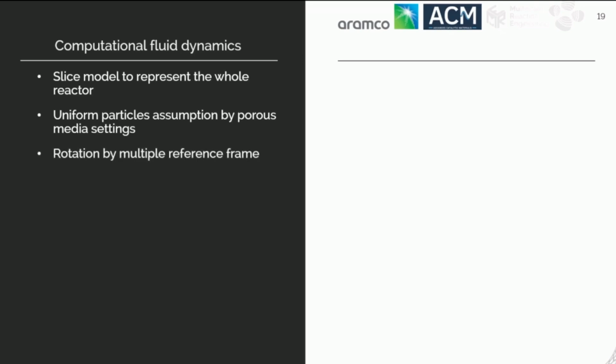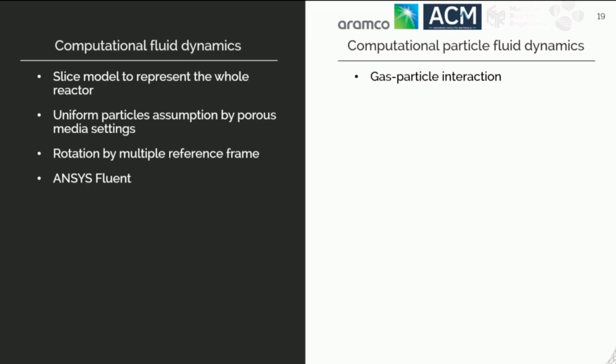We can also simulate the rotation of the impeller in order to get the gas velocity. In this case, we use ANSYS Fluent. But the other approach, which is the one we are talking about today, is computational particle fluid dynamics, where we can study the gas-particle interaction using a Barracuda virtual reactor.